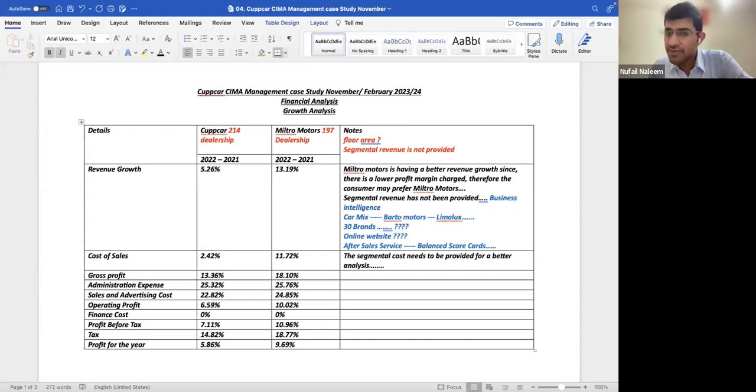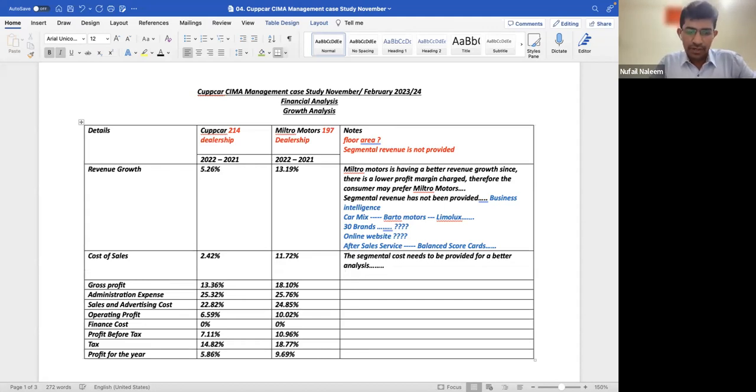Once again, I'm coming for you all in closer detail. After segmental analysis needs to be provided, what I can effectively connect is 2.42% is the only growth what we have. But here they have something called 11.72% of growth. Correct, no, students?